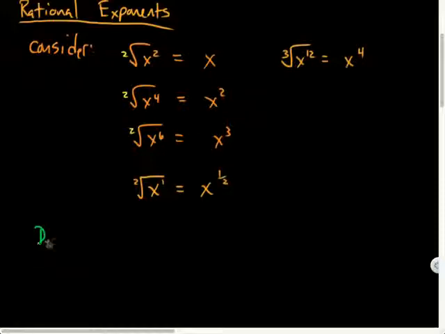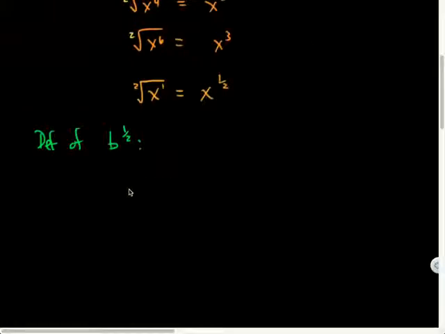So here's the definition of b to the 1/2. Ready? B to the 1/2 equals the square root of b. And it turns out that's also true for b to the 1/nth.